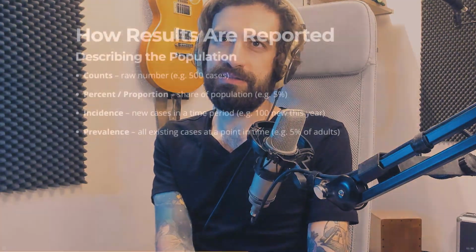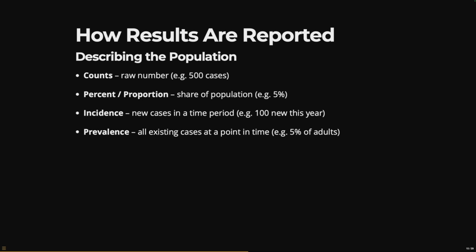But the incidence is like the new cases that arise in this time span. Incidence feels kind of like a count. Oh, yeah. It is a count, yeah. Okay. But you generally assign a time period to it. Yeah. Okay. And prevalence, you also have to count the thing, but usually you'd say it's a percent of the total.